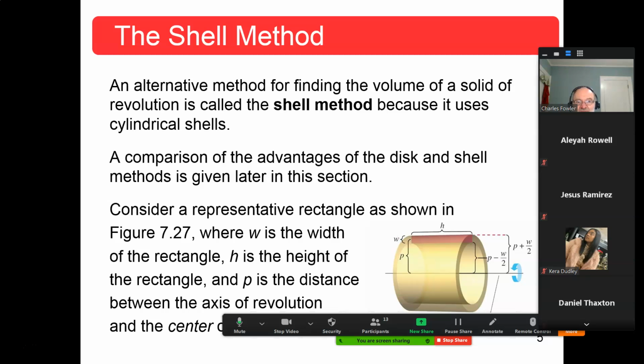Consider a representative rectangle. Now that we're talking about this rectangle right here. Length H, width W. Now, the average radius of that is given as P. Why they chose P, I'm not really sure.